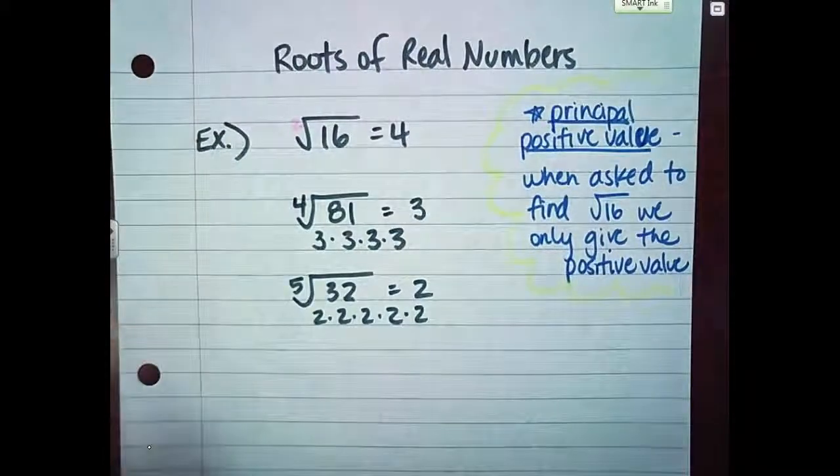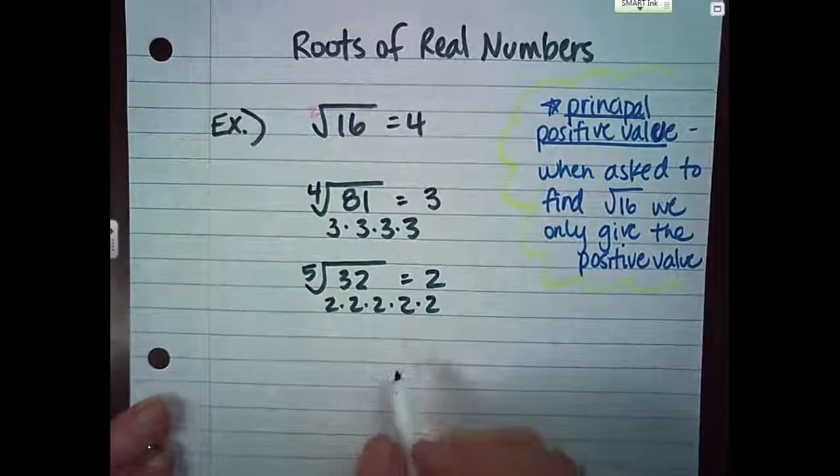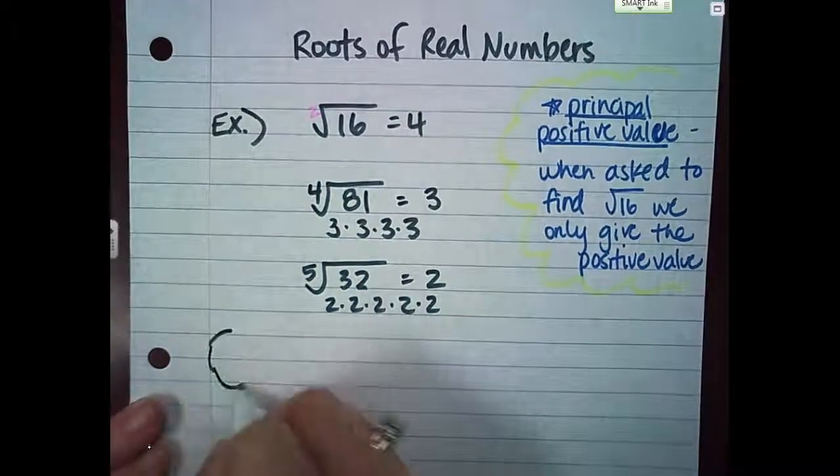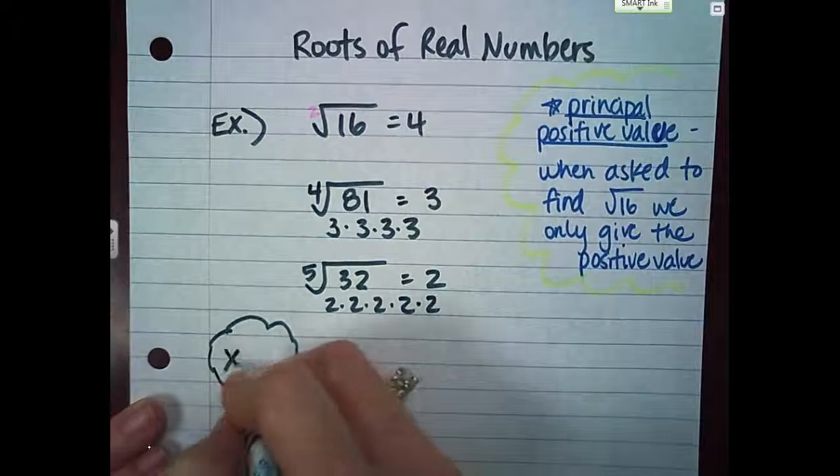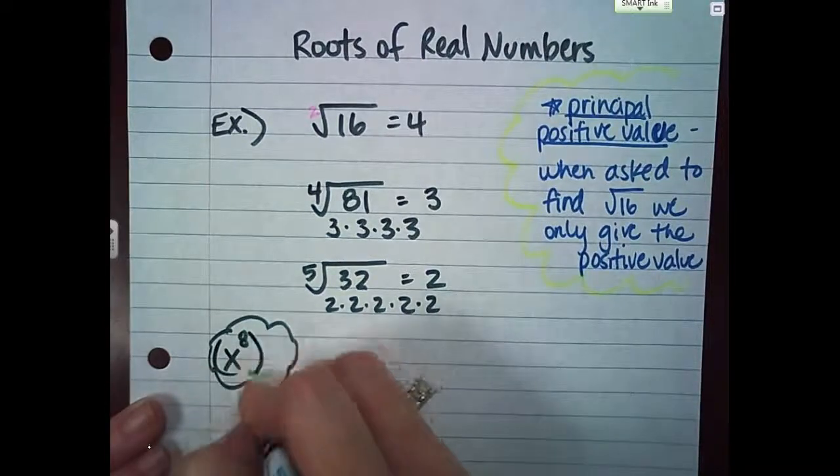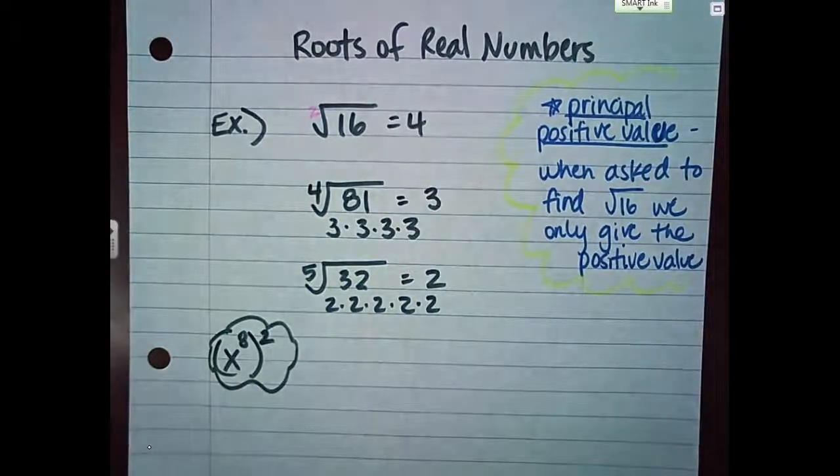Alright, so let's go back. The last one is kind of weird, okay? So I'm going to give you a little think box for a second. If I tell you x to the 8th raised to the 2nd power, or x to the 8th squared, what's the answer? X to the 16th, right?